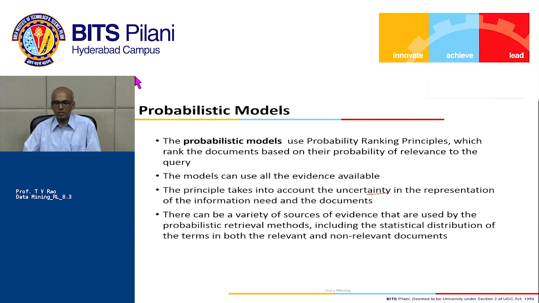That also you may represent. For example, mining doesn't tell you exactly whether somebody is interested in coal mining or data mining. So the sources of evidence can be wide ranging, and can also include the statistical representation of the terms that are coming from the relevant documents or irrelevant documents.